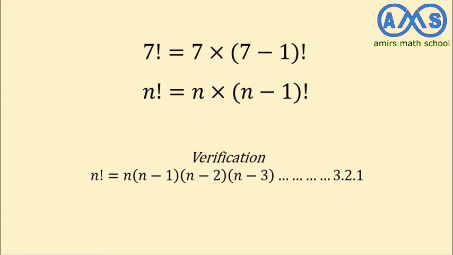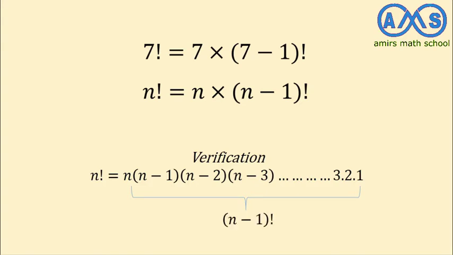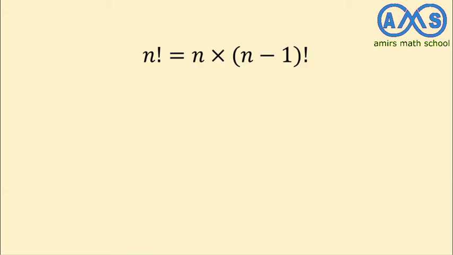If we want to verify this one, let's see. n factorial equals n into n minus 1 into n minus 2 into n minus 3 and the multiplication up to the integer 1. You see here, from n minus 1 to 1, this multiplication value we can write as n minus 1 factorial. So we can easily write n factorial equals n into n minus 1 factorial.